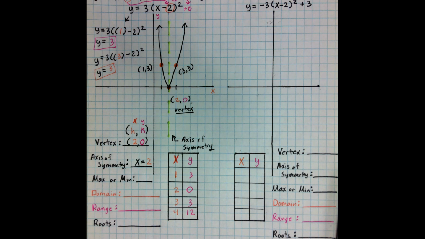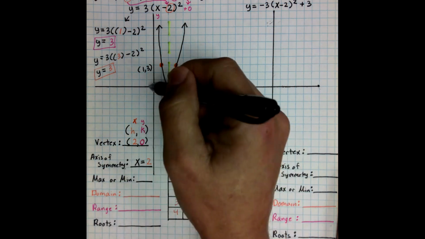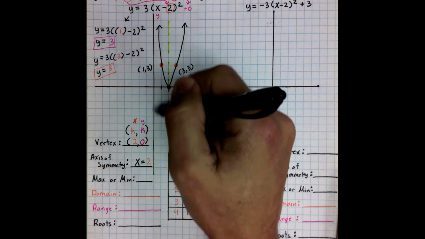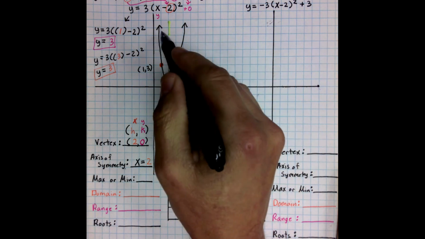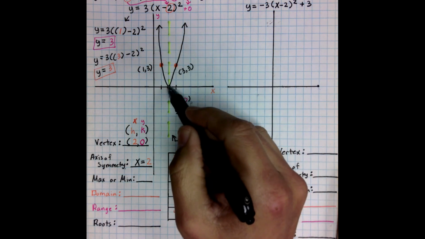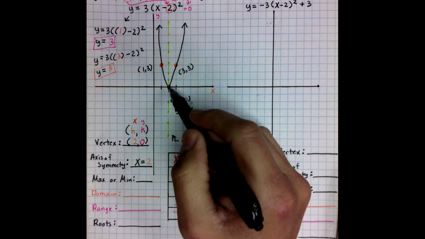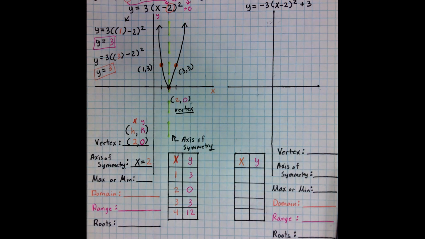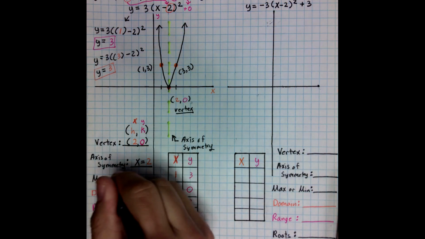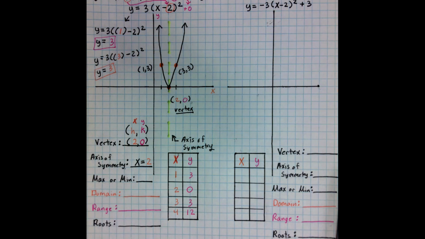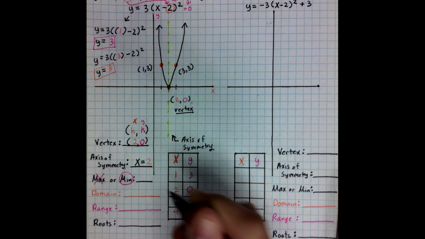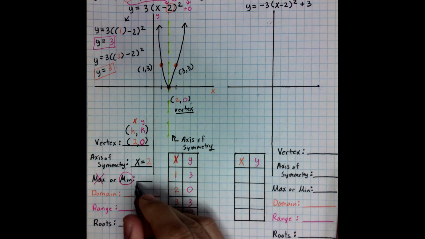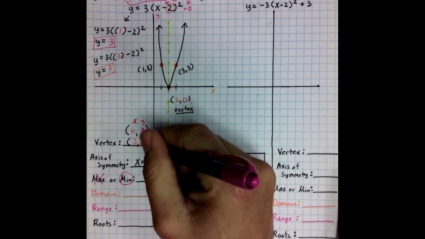Now, we also need to know, does this have a minimum or maximum? Well, if it's a maximum, then your parabola is facing down. It opens downward. And if it's a minimum, it opens and faces upward. In this case, we have a minimum. This is the minimum value. And that's always in relation to y. So first of all, I'm going to circle minimum, cross out max, and then it's in relation to y, and it's when y is equal to 0.